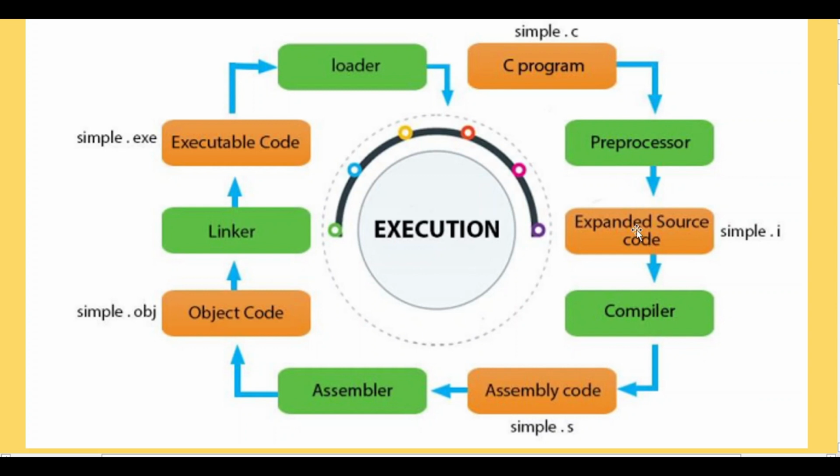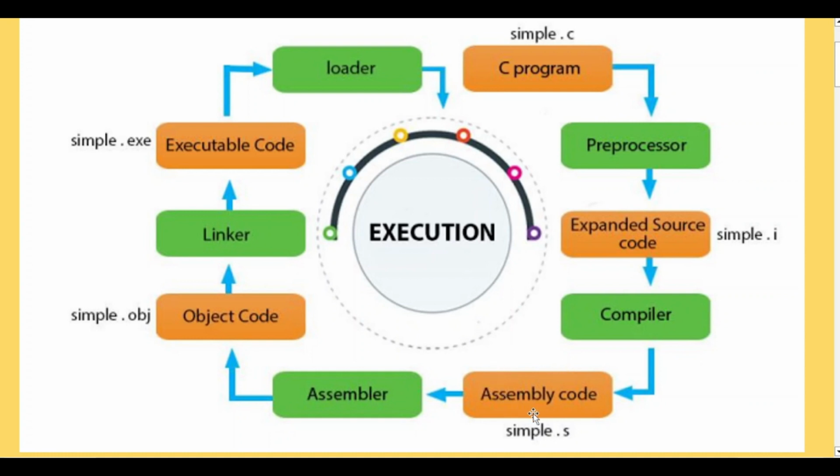Then it will move to expanded source code, and then to the compiler, and then to assembly code. Basically, these are all hidden steps behind the execution. We only see the output, but the program converts into assembly code, and the assembler will check it, and then make object code, which goes to the linker, then executable code, then the loader, and then execute. This is the whole procedure of the execution of a C program.